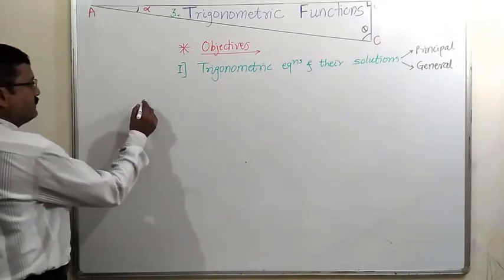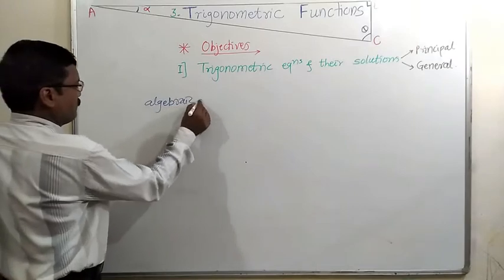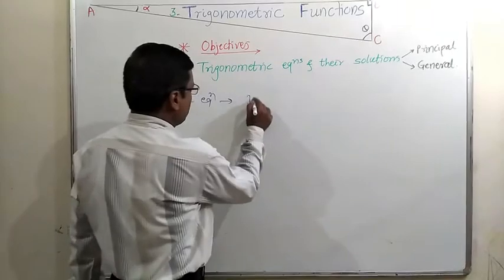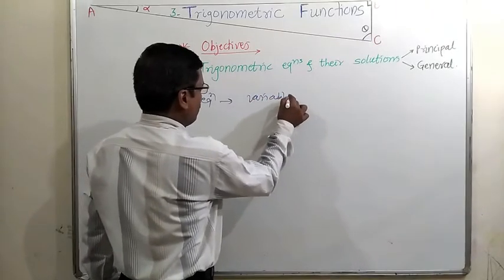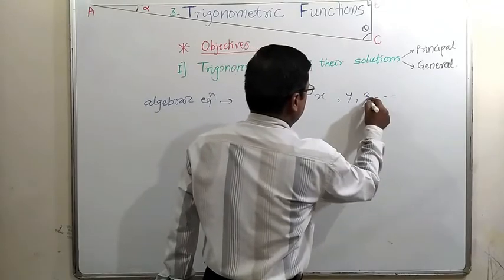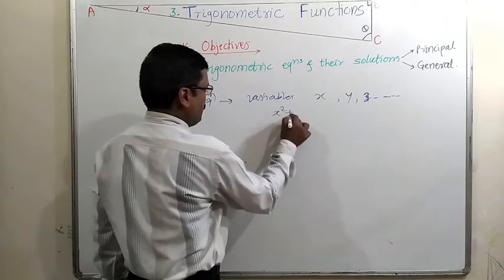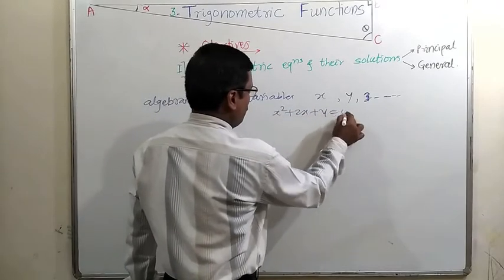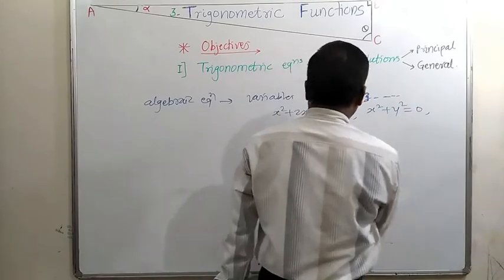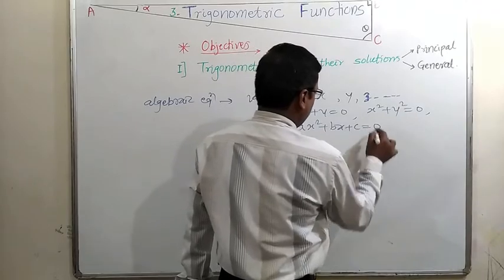Already we have done algebraic equations. What is meant by an algebraic equation? It's an equation in variables x, y, z, etc. For example, x square plus 2x plus y equal to 0, or x square plus y square equal to 0, or ax square plus bx plus c equal to 0.